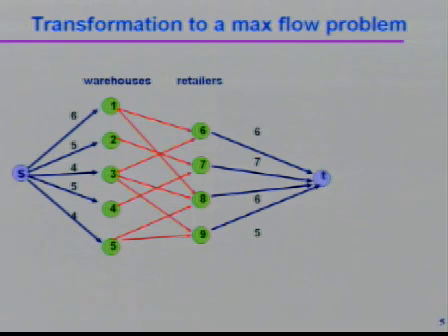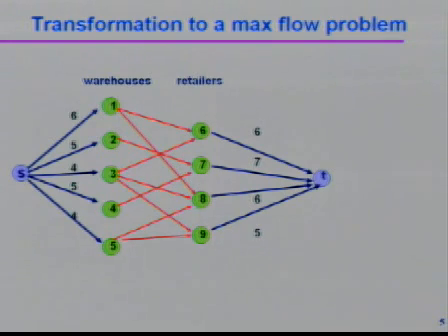And the only way for me to receive 24 units here is for this node to send me 6, this node to send me 7, this to send me 6, and this to send me 5. But the only way this node can send me 6 units is if it receives 6 units, and so on.